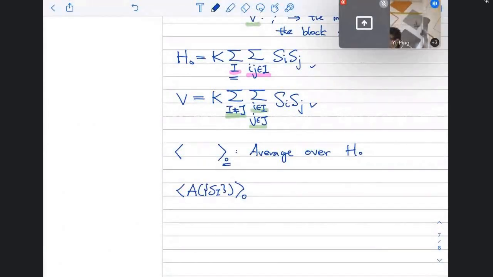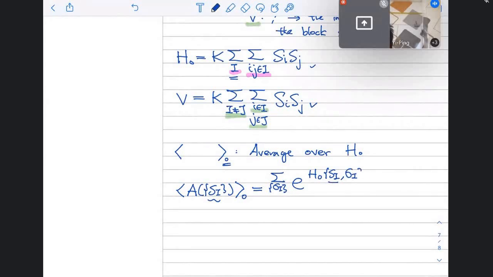Then the average over the H0 means that you are basically summing over all the possible little configurations within each block spin. And for each block spin, you will collect them according to the block spin that's specified at the very beginning.